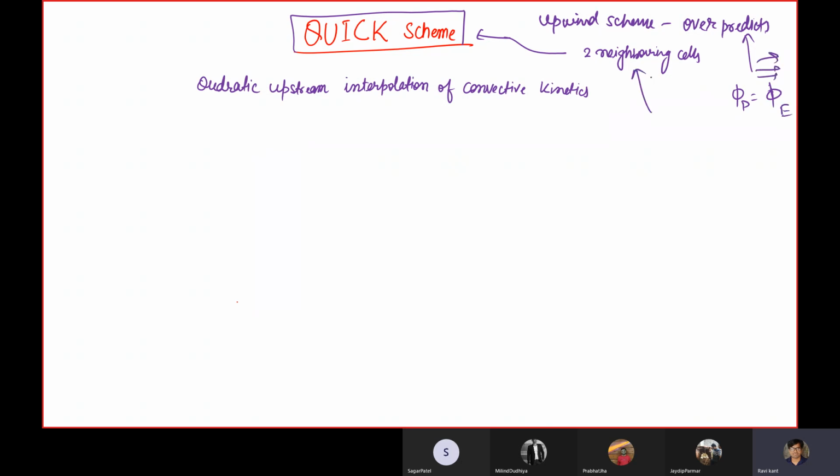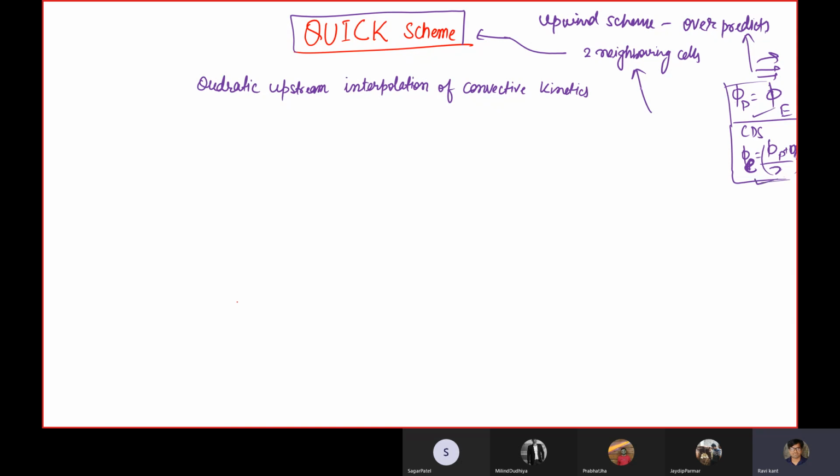In the CDS scheme, we predicted the face value as the average of phi P plus phi E divided by 2. So one scheme overpredicts and the CDS scheme kind of underpredicts.